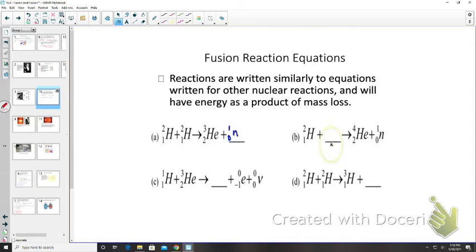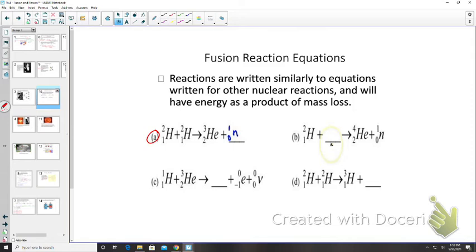So this first one here, which is done for you, we have 2 hydrogen atoms coming together to make a helium nucleus, helium-3 isotope, and also a neutron is produced there. Okay? So I would encourage you to try these on your own to fill in the blanks.